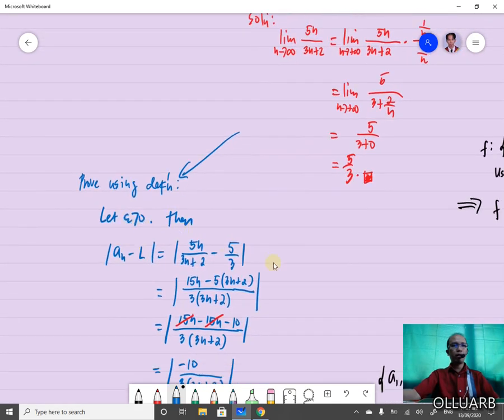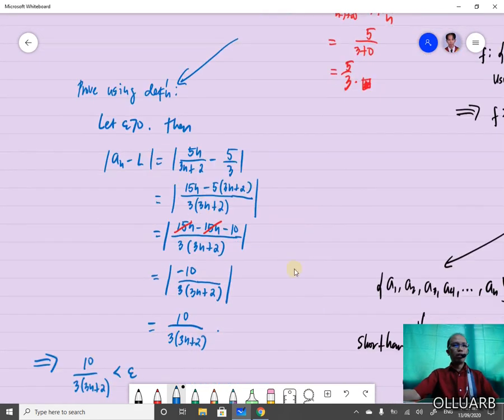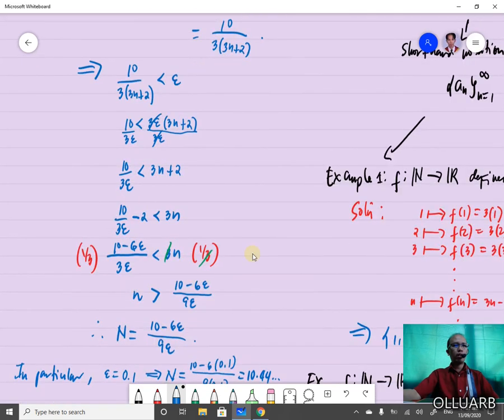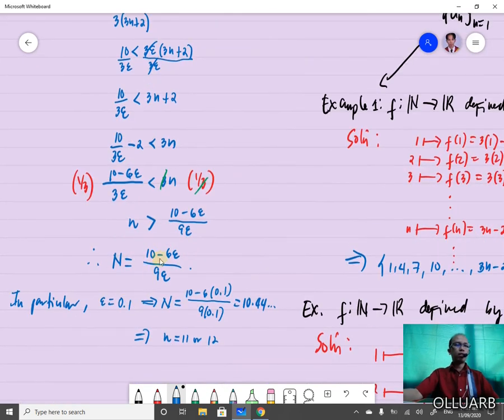I proved it here, and we saw that our big N is 10 minus 6 epsilon over 9 epsilon, and in particular if your epsilon is 0.1, you start at small n, which is equal to 11. Now this is the starting point.